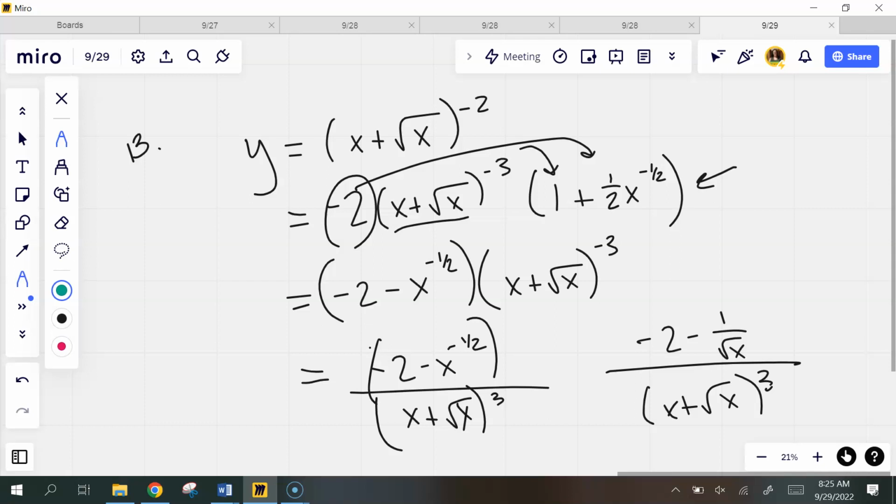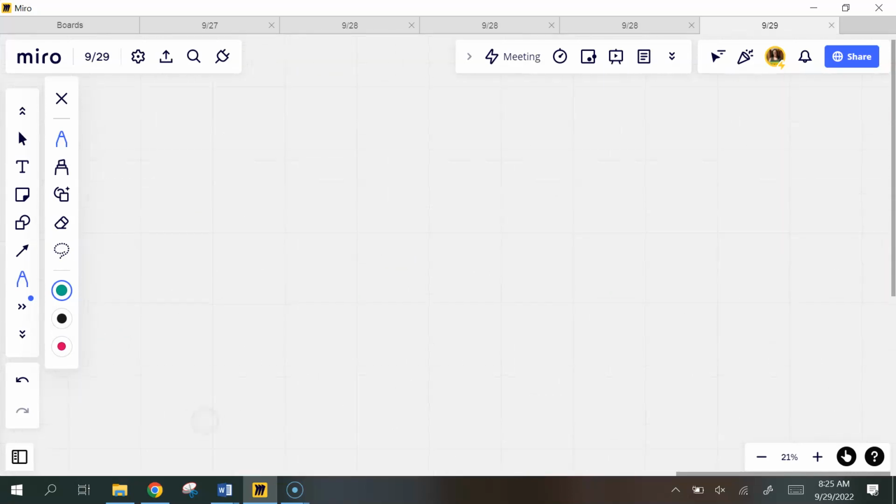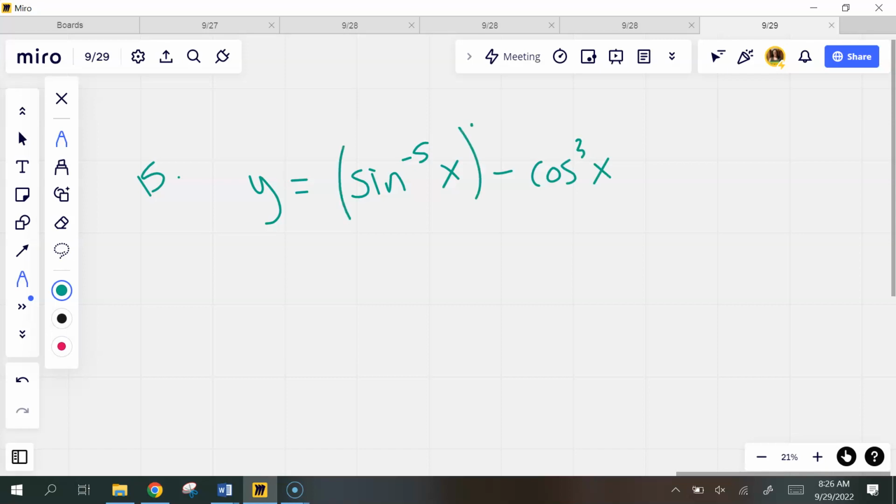And then you said 15? Oh, 15 is good. Sine to the negative 5 of x minus cosine cubed. Remember, this is the same thing as putting the exponent out here. So I'm going to do power property first.